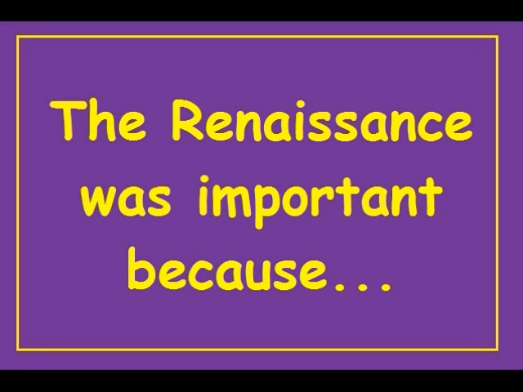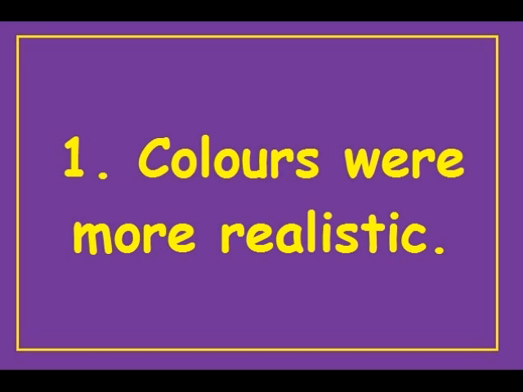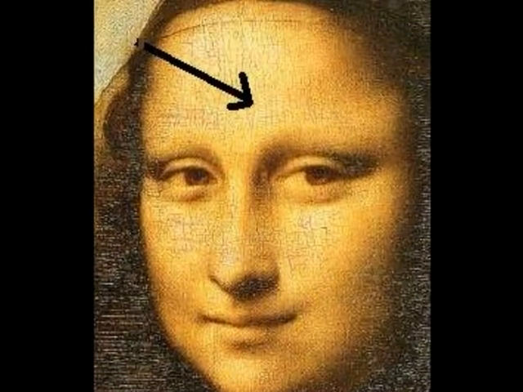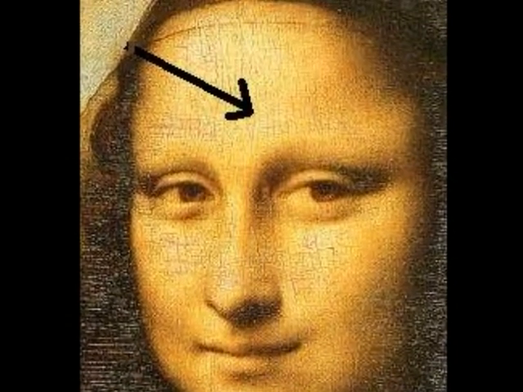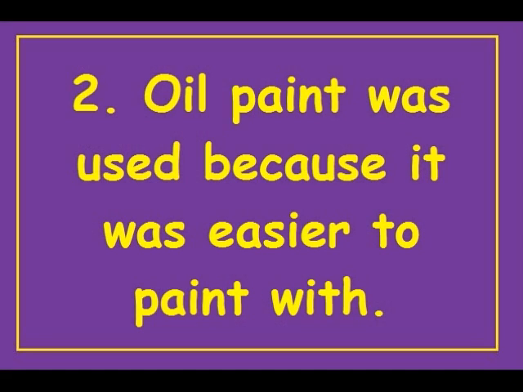The Renaissance was important because it changed the whole way artists went about painting. Colours in painting were more realistic. Oil paint was used because it was easier to paint with.